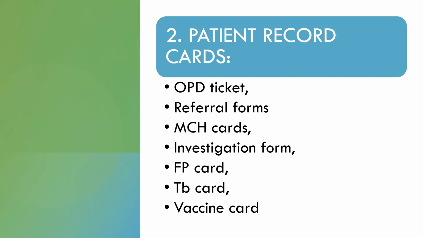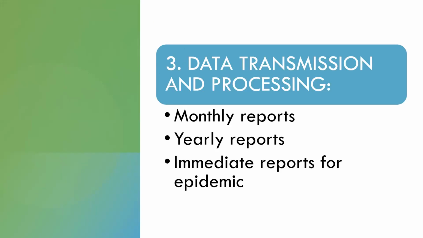The patient record cards include the OPD tickets, the referral forms, the MCH cards, the investigation forms, the family planning cards, TB cards, and vaccine cards. These patient record cards provide essential information regarding the patient's various diseases, their vaccination status, and also the people coming for the different control programs for their treatments.